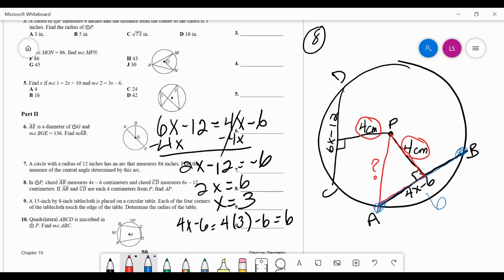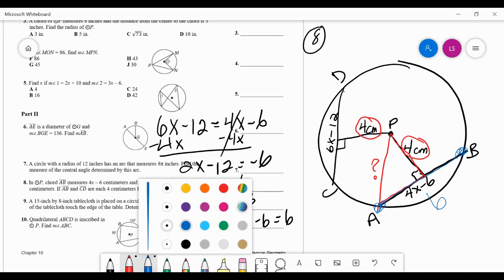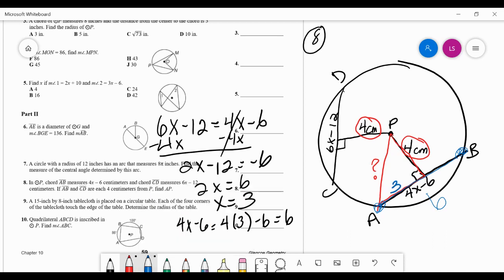Well, if AB is 6, half of it is 3. So I have a 3, 4, and what's the hypotenuse? It's a 3, 4, 5 right triangle. So the answer to 8 is 5 centimeters.